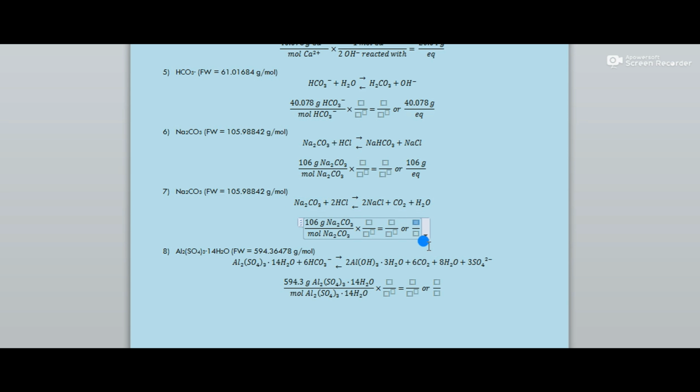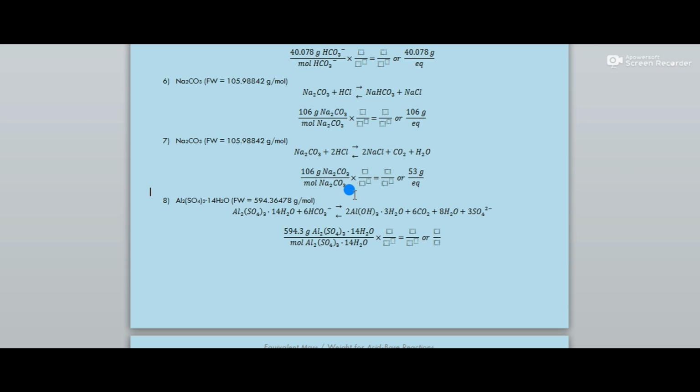So your equivalent mass will now be half of it, 53 grams per equivalent. I just divided this by 2. So here you need a reference chemical reaction to define the equivalent mass or equivalent weight of the substance.